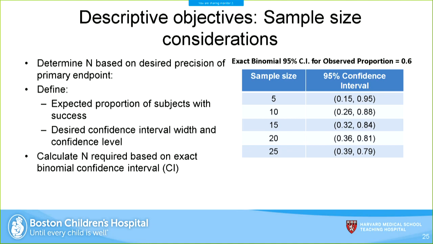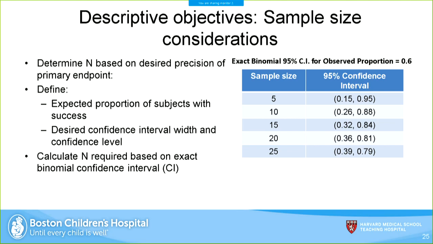The endpoint here is whether it's a success or not for this particular outcome. So what you need to define is your expected proportion of subjects with the success, and then the desired confidence interval width and the confidence level.